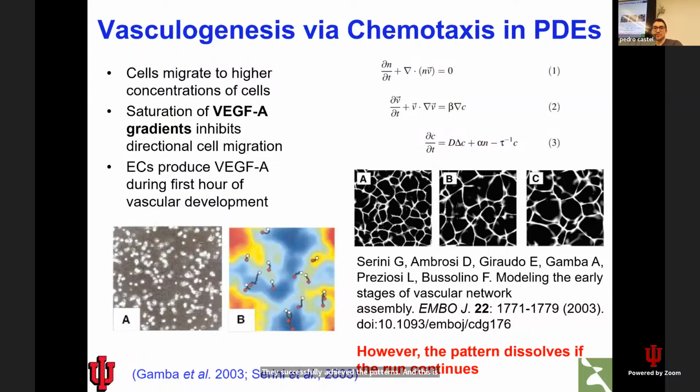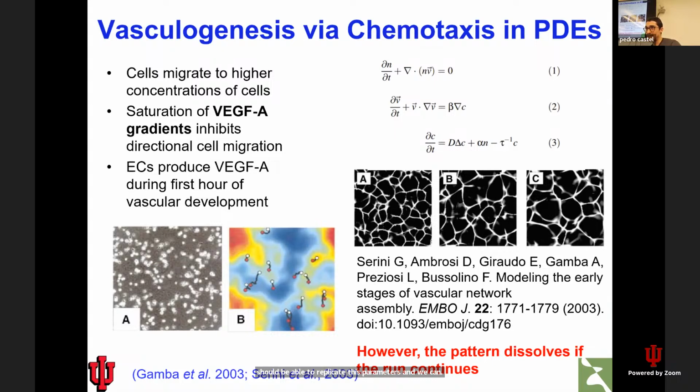So this is not an agent-based model. The cells are fields, continuous fields, but it is spatial. So by treating cells as individuals, using CompuCell, we also should be able to replicate these parameters, and we can.